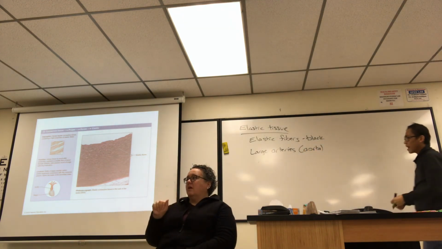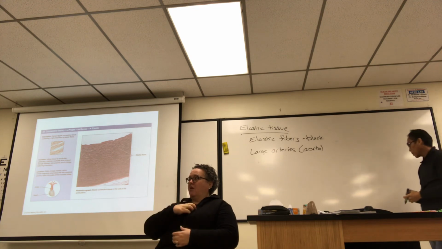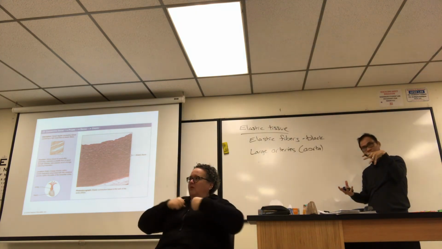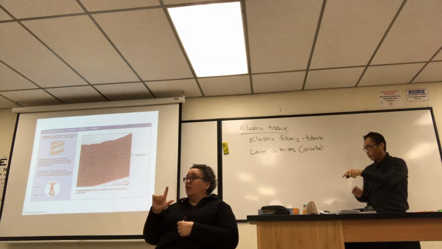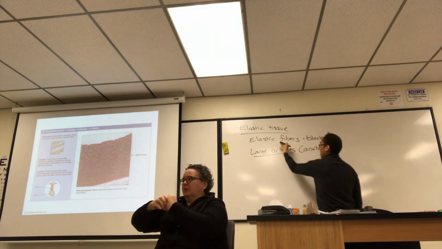The function of elastic tissue in a blood vessel is to accommodate the cardiac output. Every time your heart pumps blood, the vessel has to stretch. Then there's an elastic recoil when the heart is relaxed to push blood forward. So it's good to have a high elastic content.